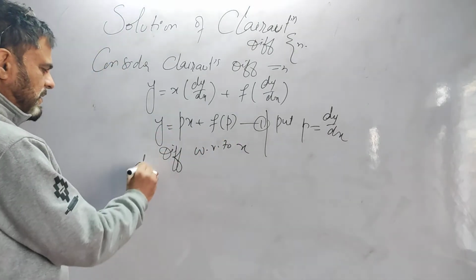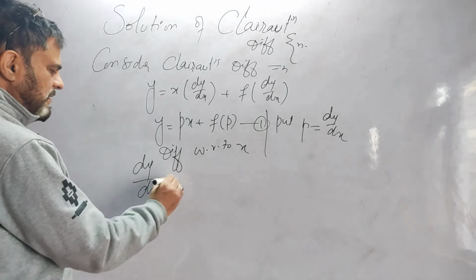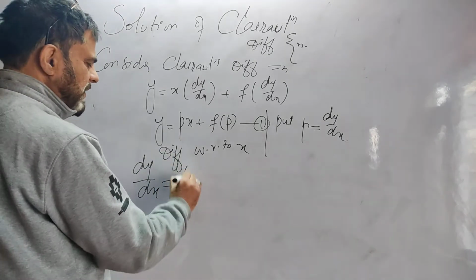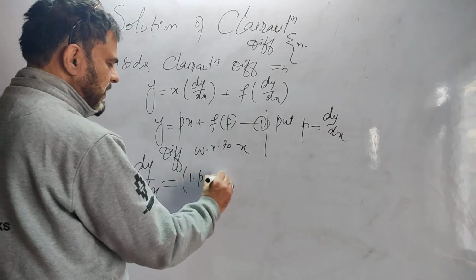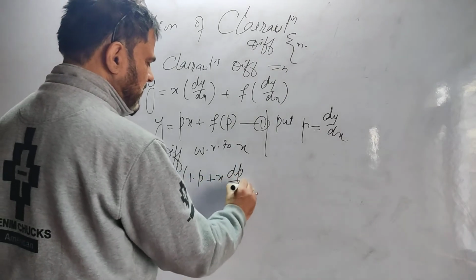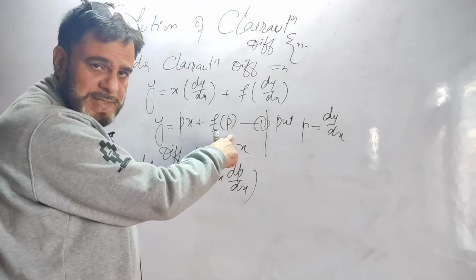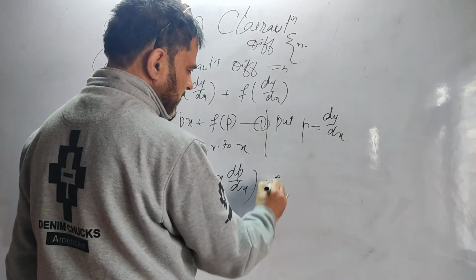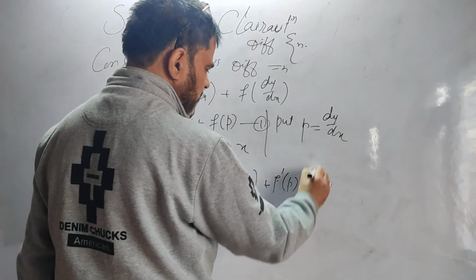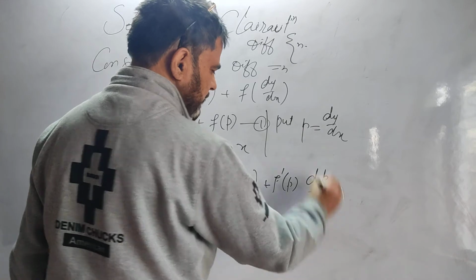This will be your dy by dx is equal to 1·p plus x dp by dx. Here p is a function of x and y both. You will write this, it is f dash p into dp by dx.